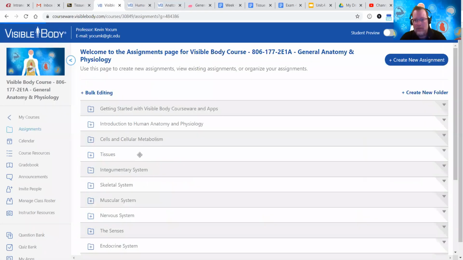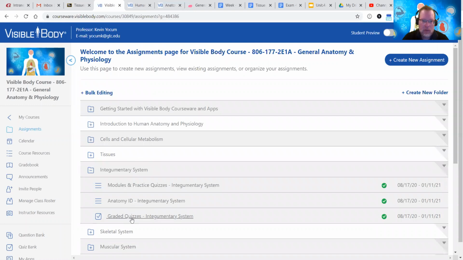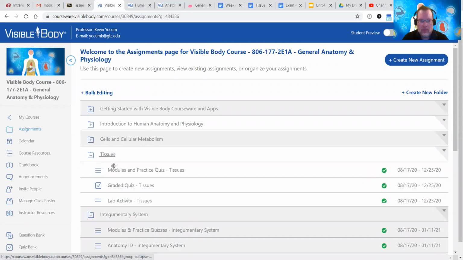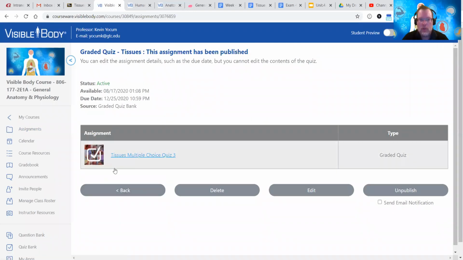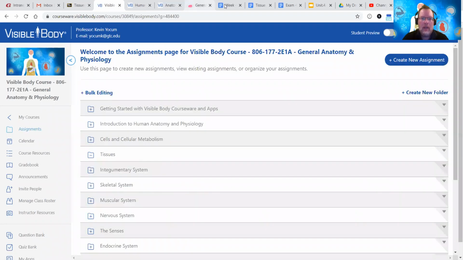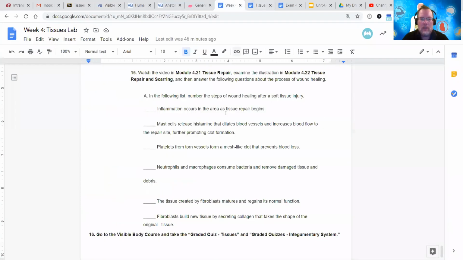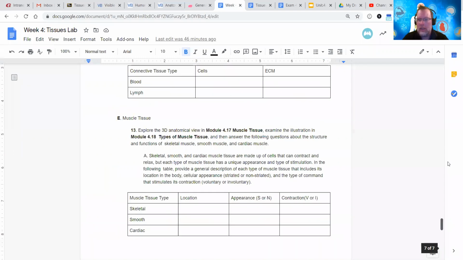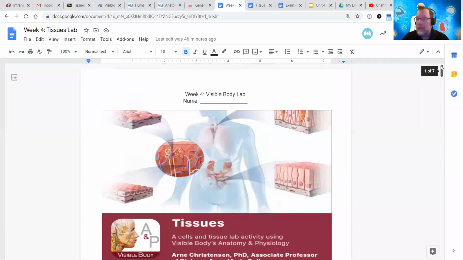There are 3 quizzes. You have 2 integumentary quizzes, 1 tissue quiz. Okay, and then you need to fill out your paperwork here, your Google Doc or your Word doc, and that's it. And then the portfolio, keep plugging away at that.